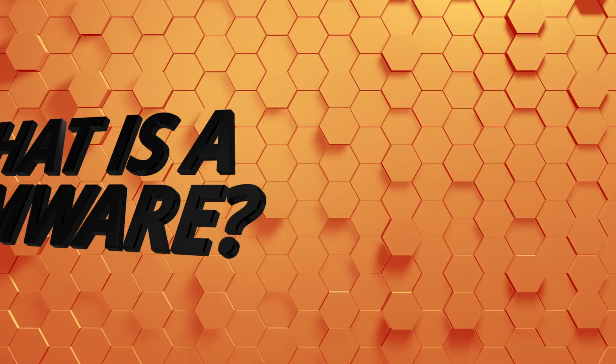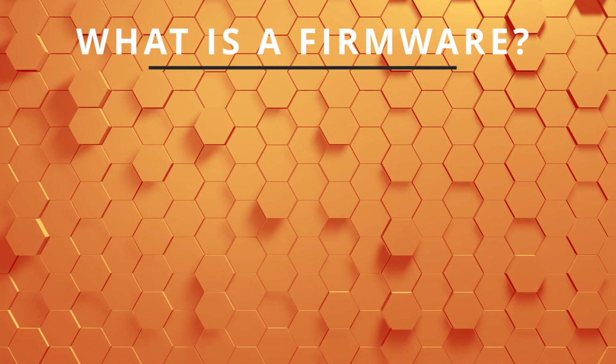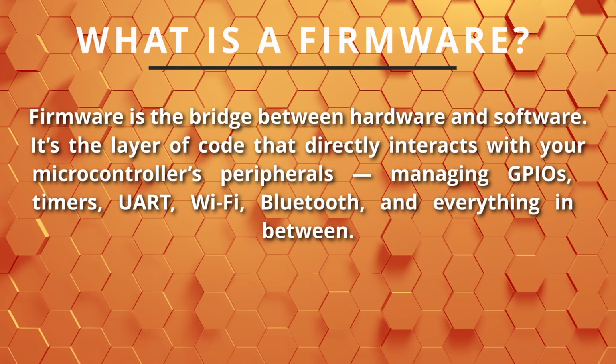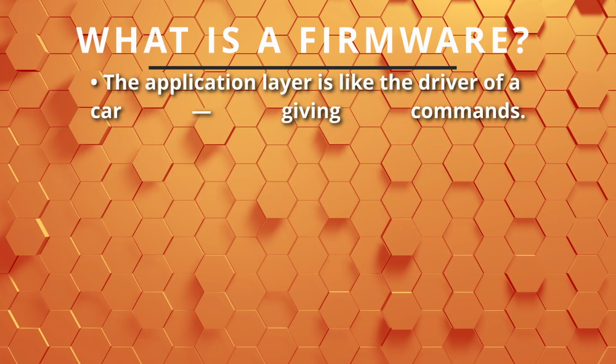Let's start with basic. What exactly is firmware? Firmware is the bridge between the hardware and the software. It's the layer of code that directly interacts with your microcontroller's peripherals, managing GPIOs, timers, UART, Wi-Fi, Bluetooth, and everything in between. Think of it this way: the application layer is like the driver of a car giving commands.